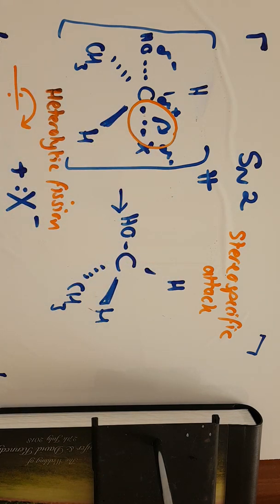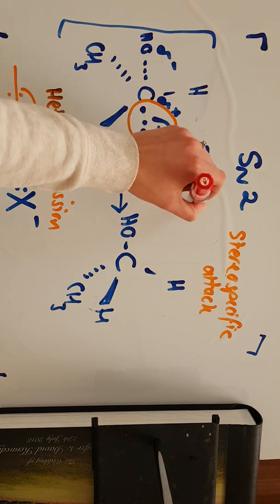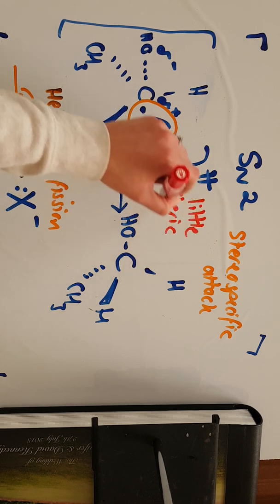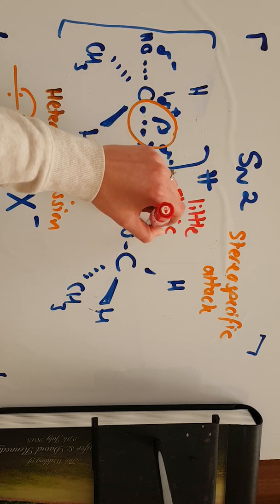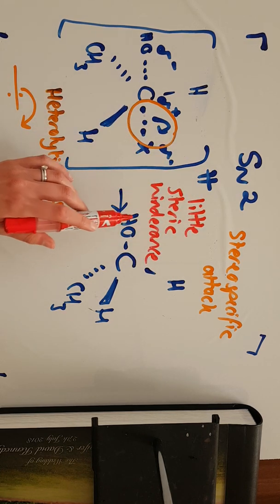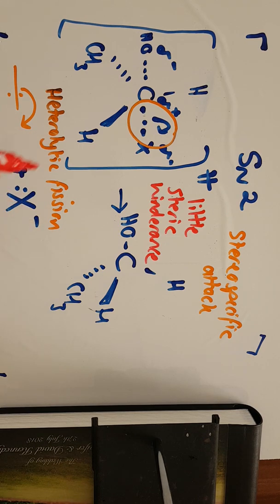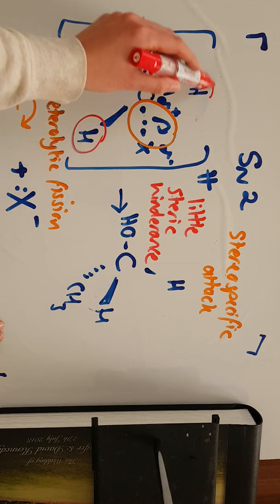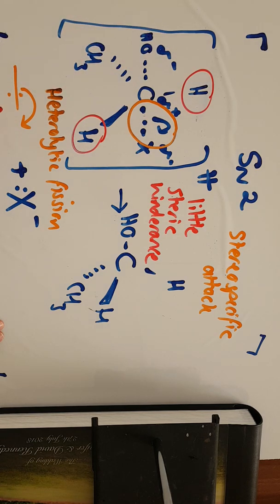Okay. And the other term that we can talk about is this one that says steric hindrance. Okay, steric hindrance is all about bulky groups that are getting in the way. Okay, now what you can see here is that we have two tiny groups, the smallest atoms that we can.